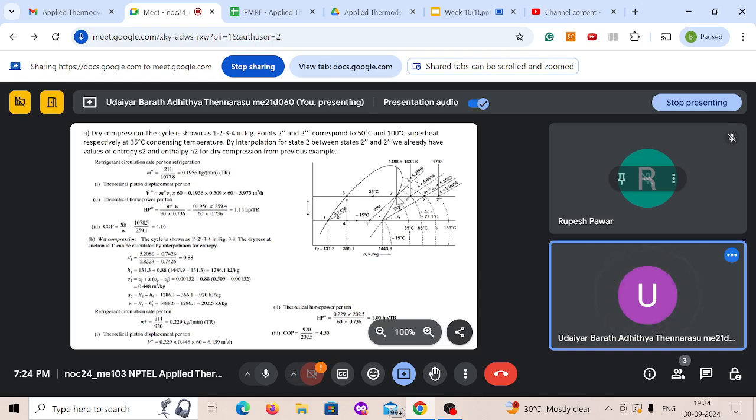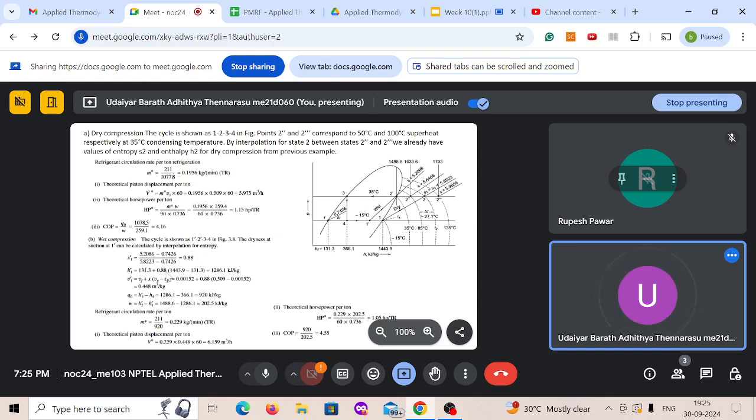So from there you follow the constant entropy line, and that entropy is S1 dash equal to S2 dash, and we can find out the entropy at saturated liquid and saturated vapor, and your S1 dash will be equal to SF plus X into SG minus SF. With that we can find out the dryness fraction here, so that will come out to be 0.88.